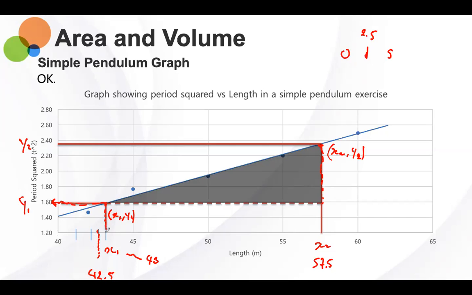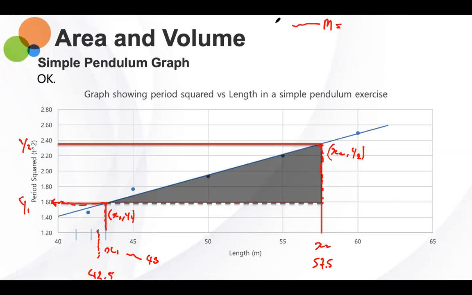I just want to understand that x1 here would be 43. 43 would be here, so we plug in our values. Let's get back our gradient equation. We have m, which is our gradient.